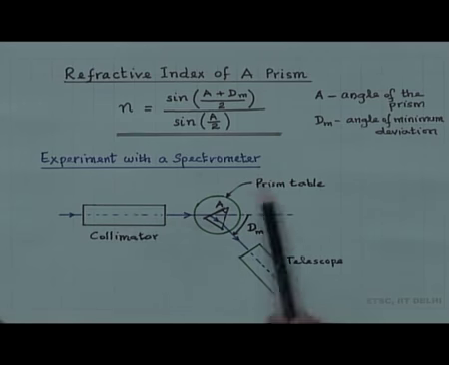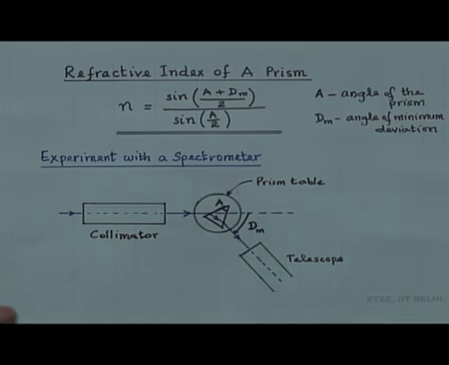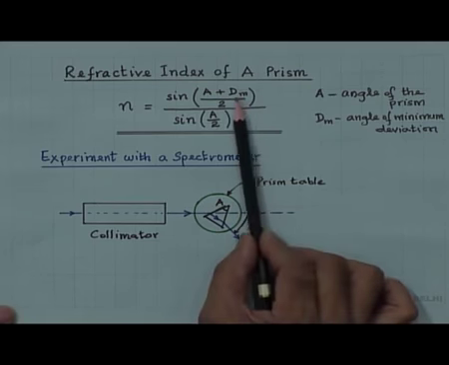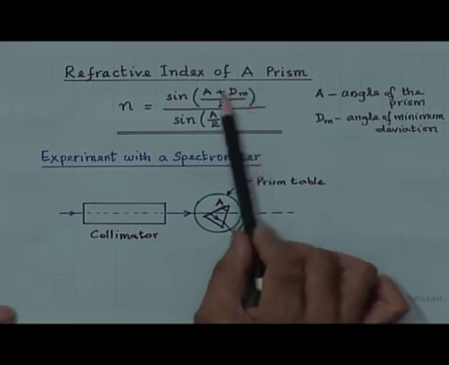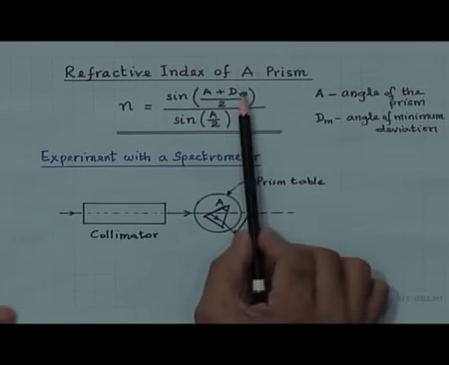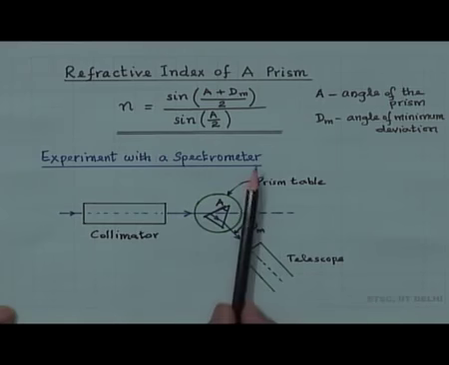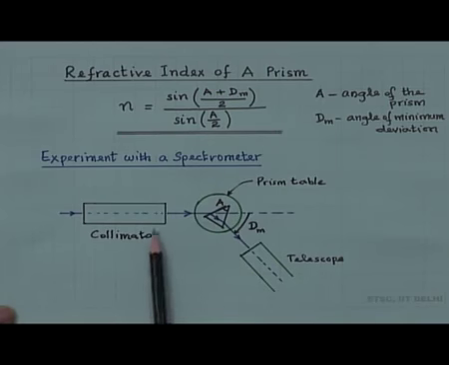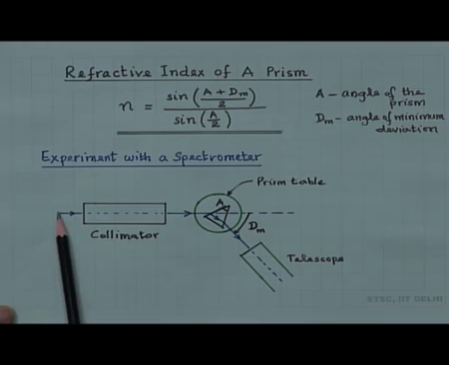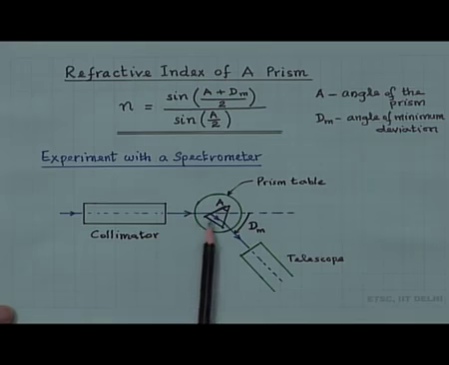Although this is not a part of our course, I would just like to show it to impress upon you that the angle dm of minimum deviation is a measurable quantity, and therefore we can determine the refractive index very accurately. A spectrometer comprises a collimator which sends a collimated, that is a parallel, ray from here, and then the ray passes through the prism which is placed on a prism table.